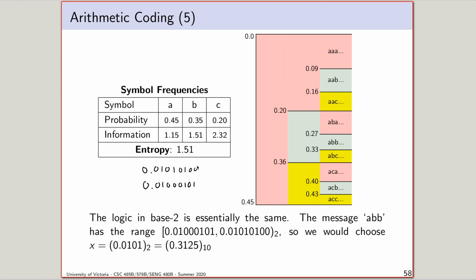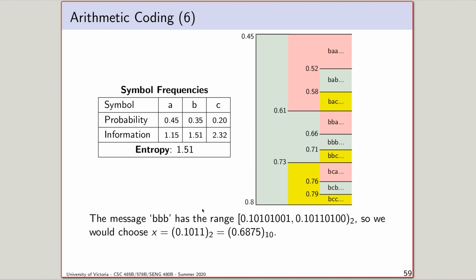And I observe I need any number between those two things, not including the high point. So this is not included in my half-open interval. And I would observe that this number, 0.01010000, is sufficient. It's bigger than this thing, and it's smaller than this thing. And if I don't worry about the trailing zeros, I can send it in 4 bits.